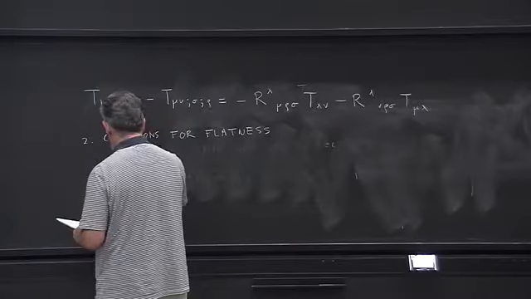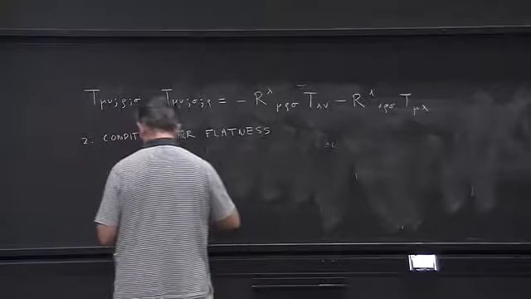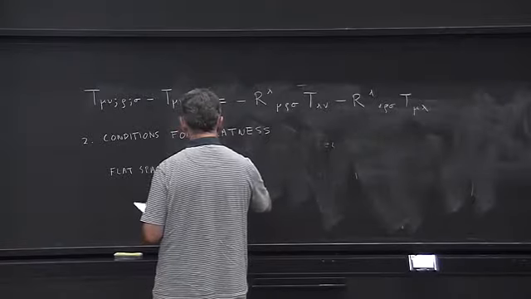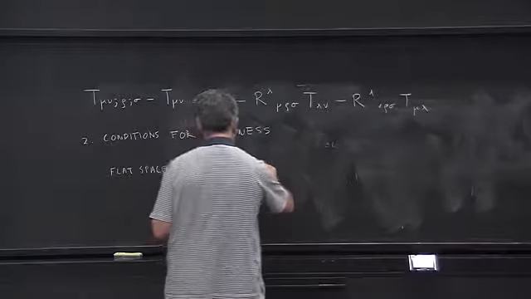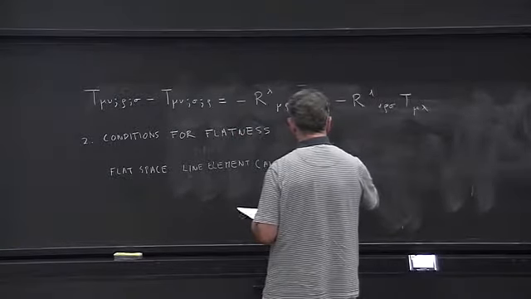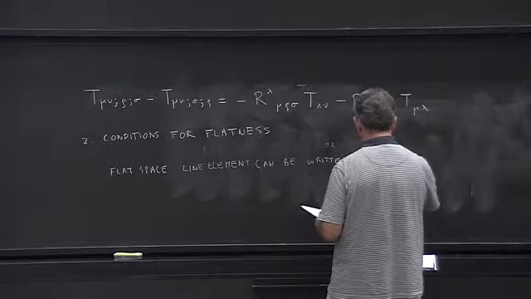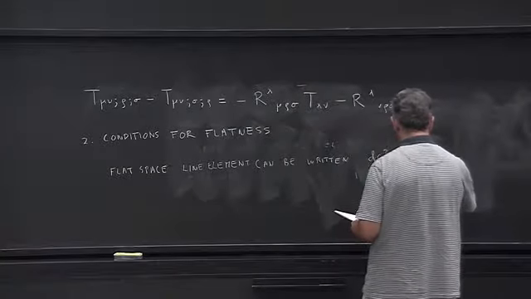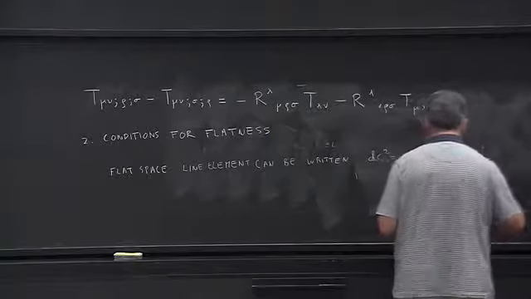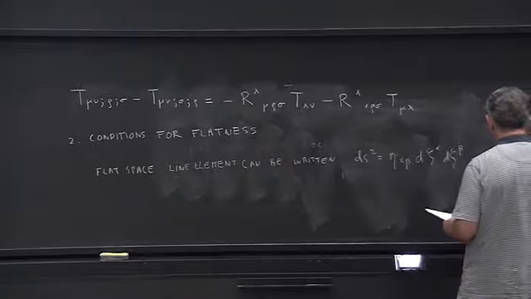In flat space, the line element can be written ds squared is eta alpha beta d psi alpha d psi beta, where eta was minus 1, 1, 1, 1.